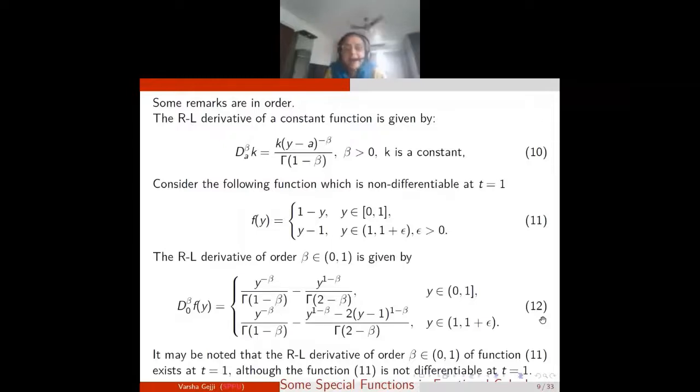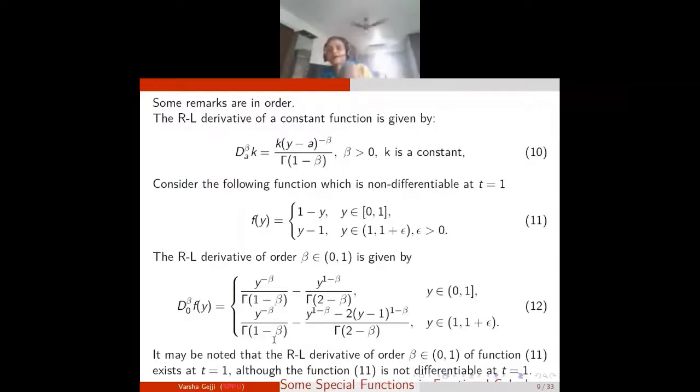So Riemann-Liouville derivative of order beta exists, where beta is between 0 and 1. So the Riemann-Liouville derivative of order beta of this function exists at y equal to 1. Sorry about this, t equal to y equal to 1. Although the function is non-differentiable there.